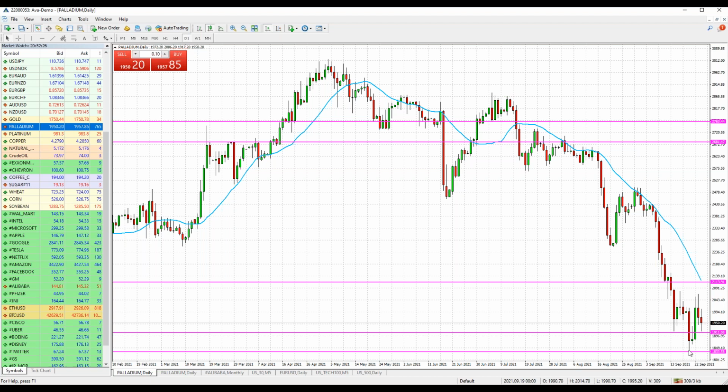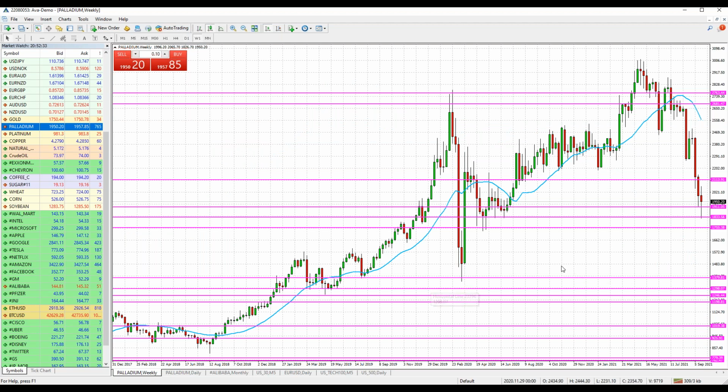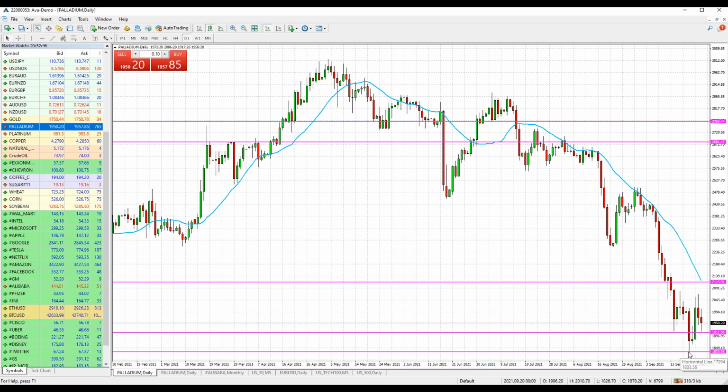Why is it important to have levels and have a plan? Because if someone had this level, based on the previous levels of support from which we started really going higher, it hit the level. Just a scenario: if someone had a limit buy order there and a stop at some point below it.